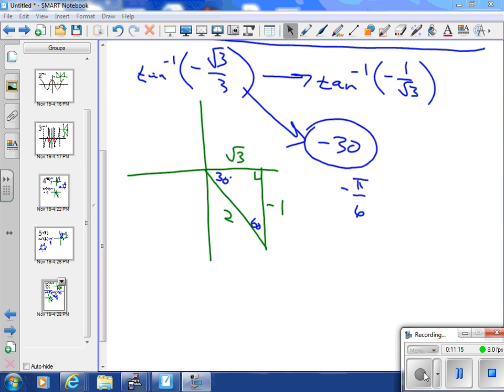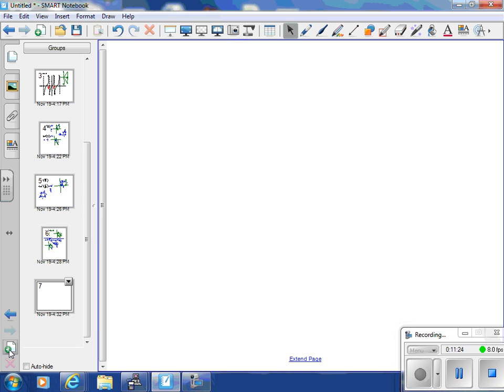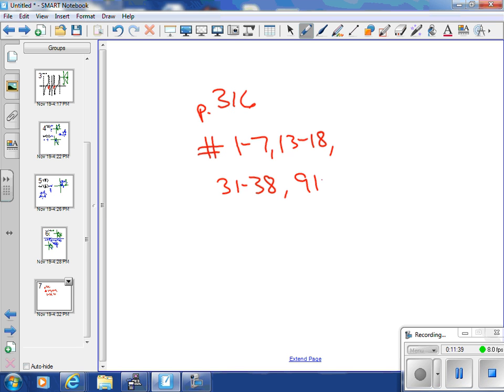So that should help you as you're doing the problem set, which I did email out to you. In case you don't check that email, I will write that assignment down here for you. On page 316, numbers 1 through 7, 13 through 18, 31 through 38, and 91 through 94.